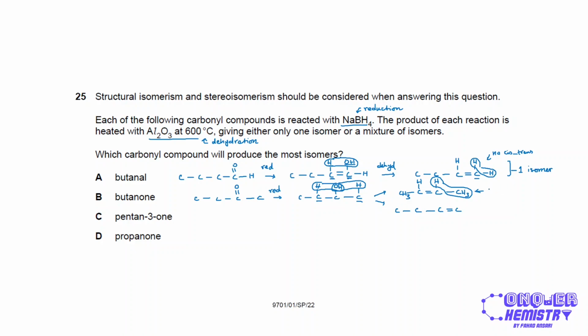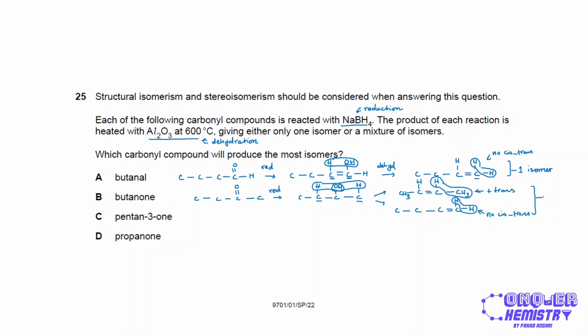Right now I've drawn the cis, so there's going to be a trans isomer for this. And over here in the second product, because this carbon atom is just bonded to two hydrogens that are the same as each other, there's no cis trans for this, right? So that's a total of 3 isomers, right?